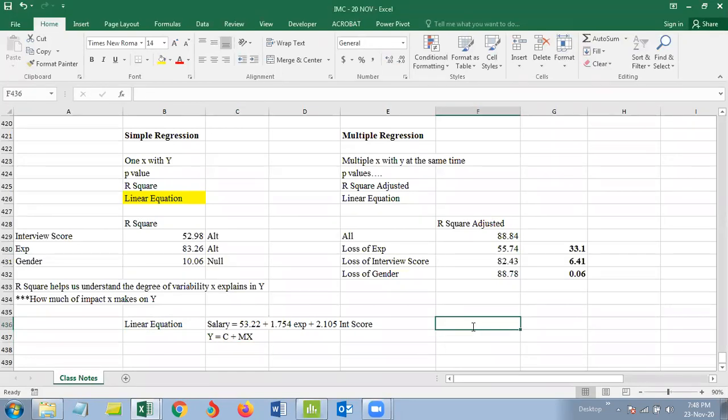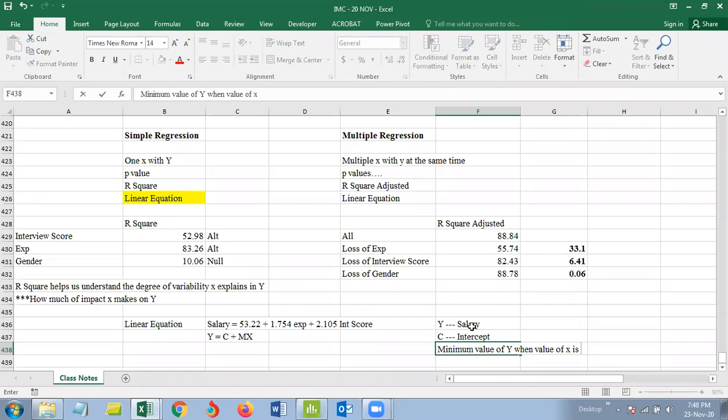Y is nothing other than your salary, Y is your business problem that you're dealing with. C, in statistical language, is called the intercept. Now, to understand in layman language the meaning of C: it is the minimum value of Y when the value of x is 0.